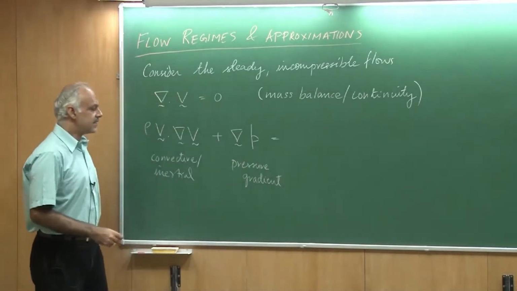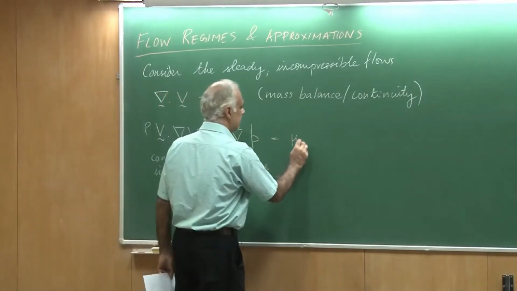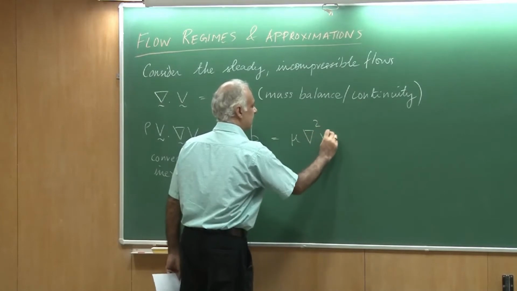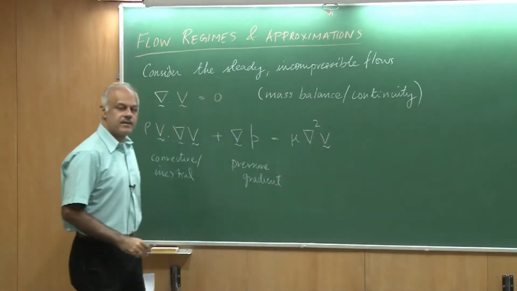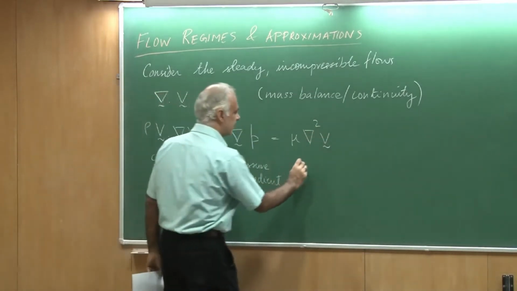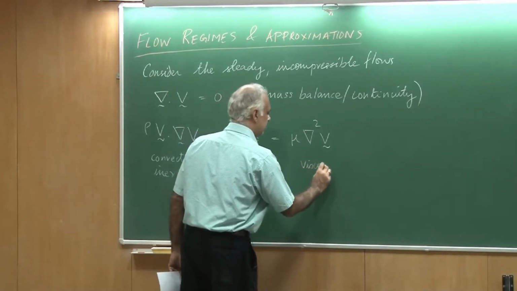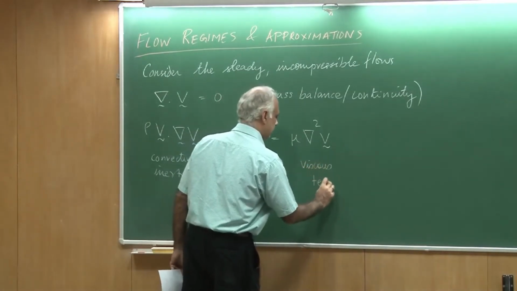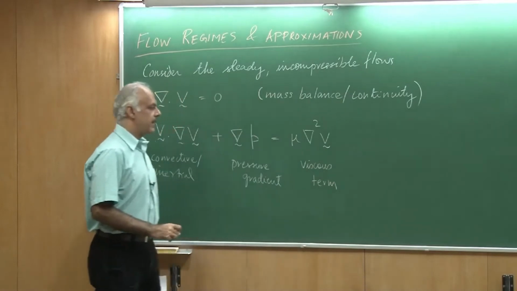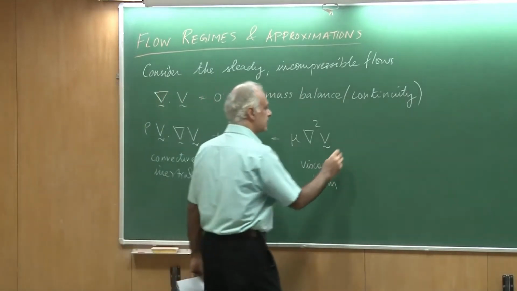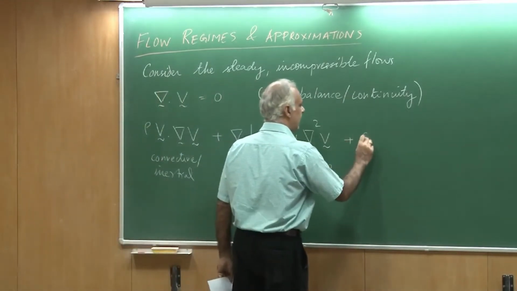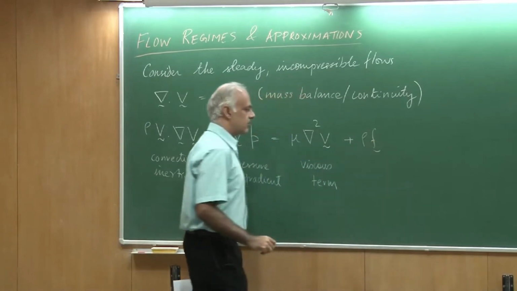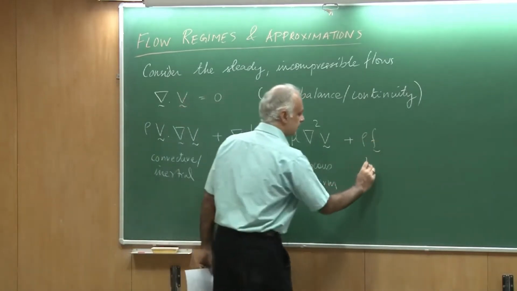And on the right hand side we have the viscous term, which is the Laplacian of the velocity field. And then we have a body force. So, this I am going to write as rho F. This is body force.